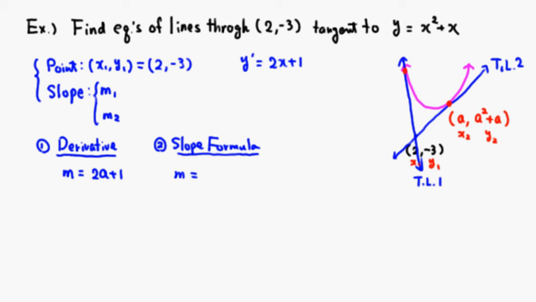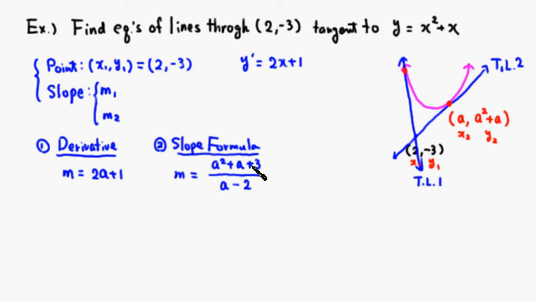Following the slope formula, m equals y2, which is a squared plus a, minus negative 3, so it's a squared plus a plus 3, over x2 minus x1, which is a minus 2.